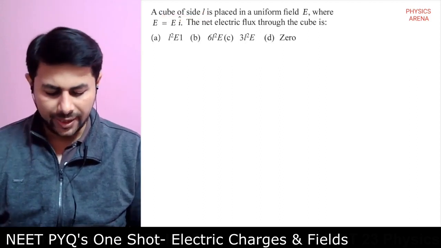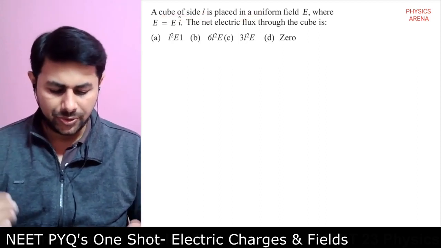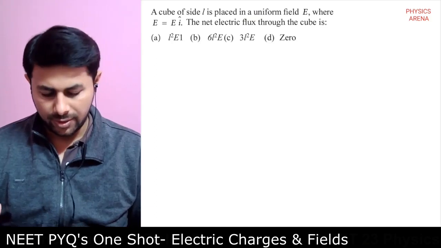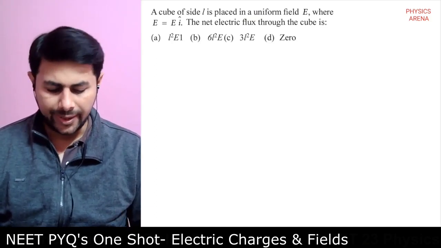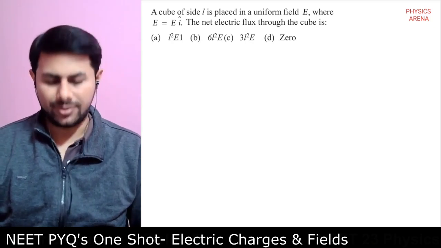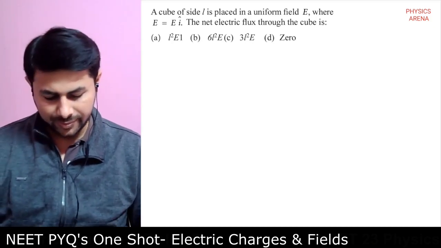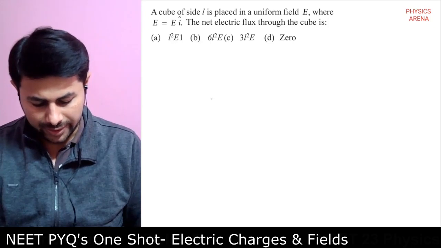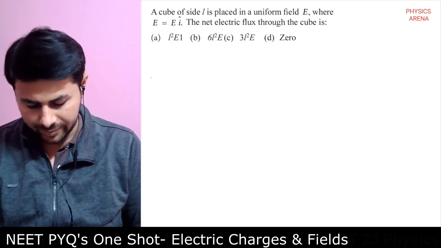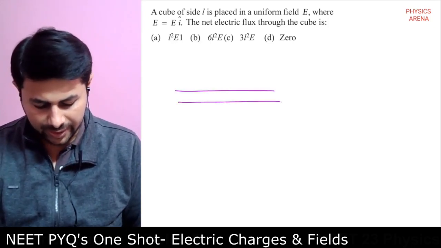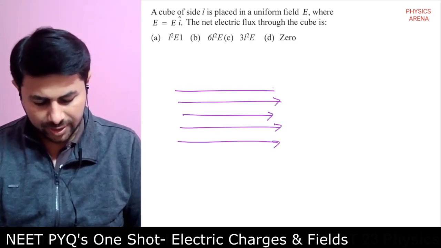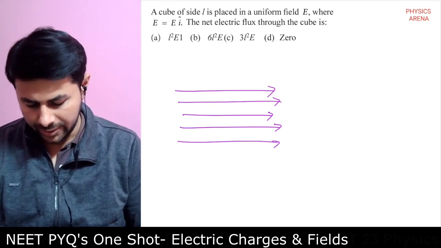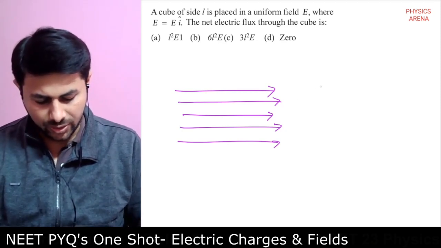A cube of side L is placed in a uniform electric field E, where E is equal to E multiplied by I cap. The net electric flux through the cube is... So the electric field is directed like this, along the x-axis. It is E multiplied by I cap, and you keep the cube here.